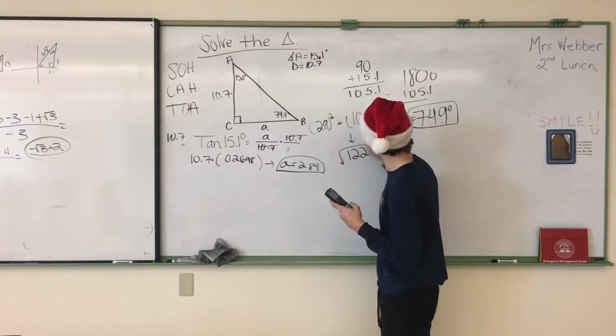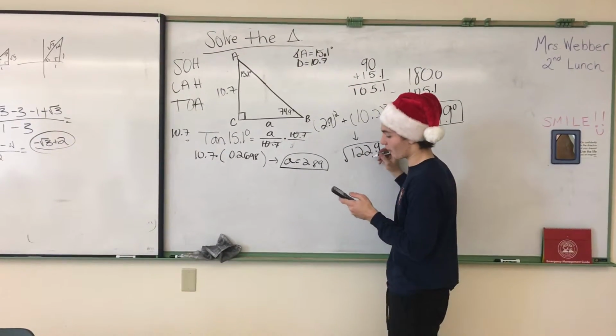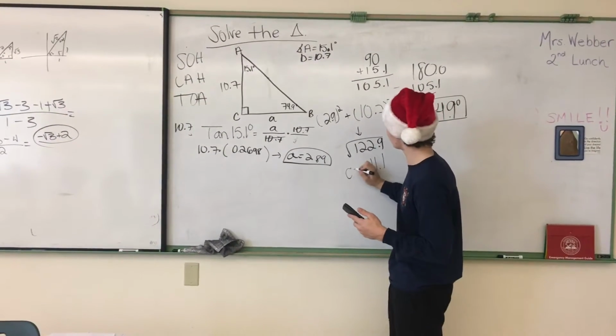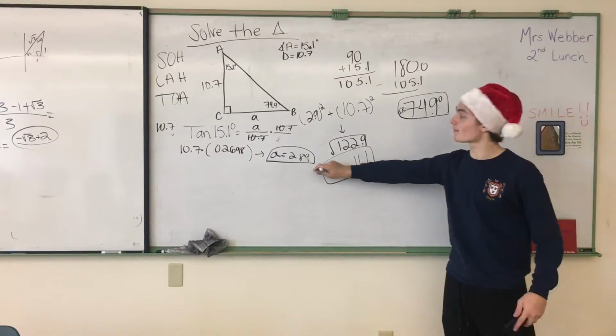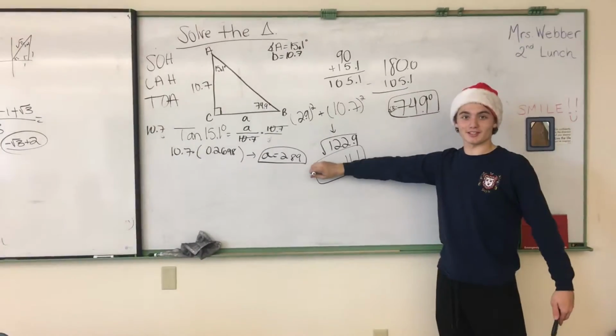Then you take the square root of this, and you get about 11.1, and that is your side C. So as you can see, we have solved the triangle because we have found all of the missing numbers.